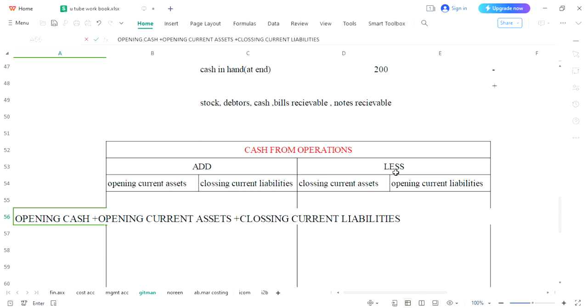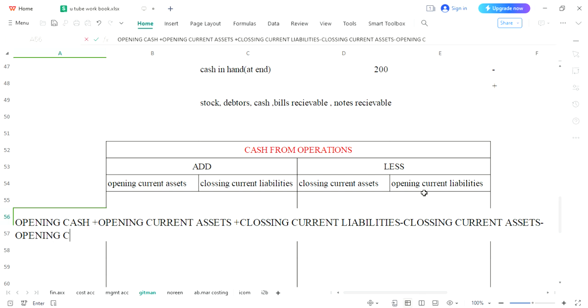Then you will subtract what? Closing current assets, and you will also subtract opening current liabilities, and what you will get would be cash from operations.